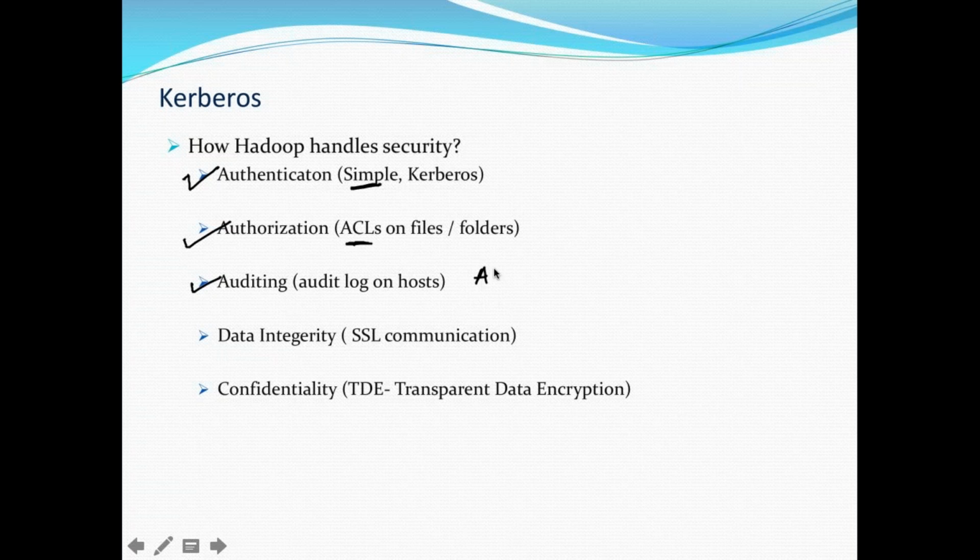There's one tool which does this auditing for us, Atlas and Falcon. These are two tools which were recently introduced, and they do the auditing. For data integrity, you use secure socket layer communication, and confidentiality is provided through encryption, transparent data encryption.